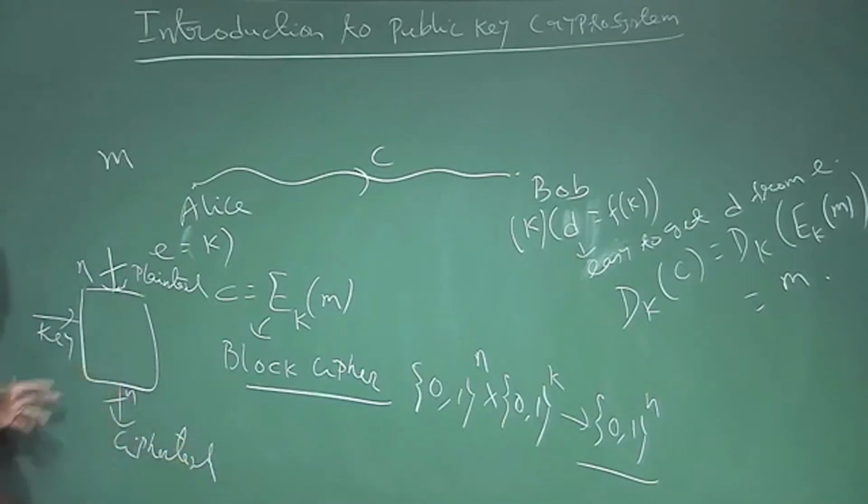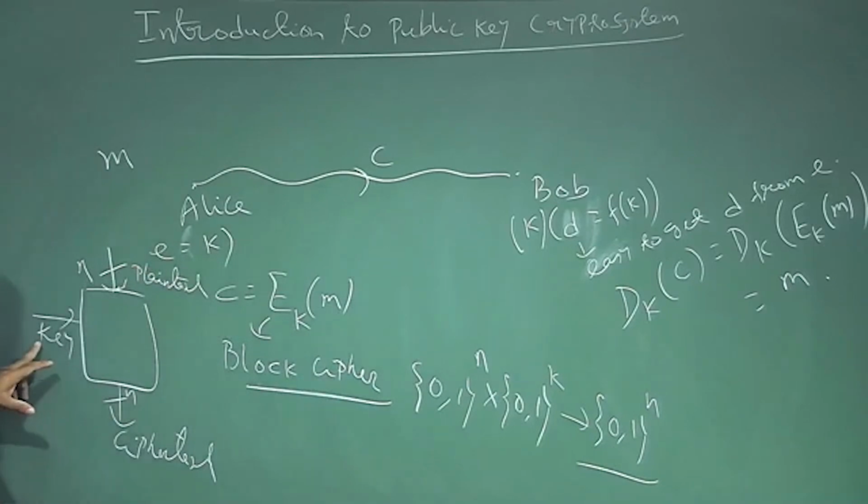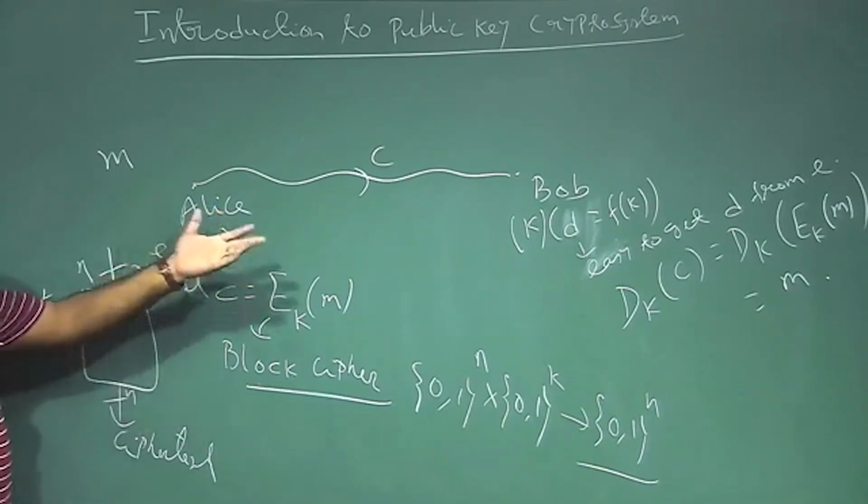This is block cipher encryption. Now decryption is the reverse, which Bob has to do. Bob gives the input as the ciphertext and the same key and gets back the plain text.